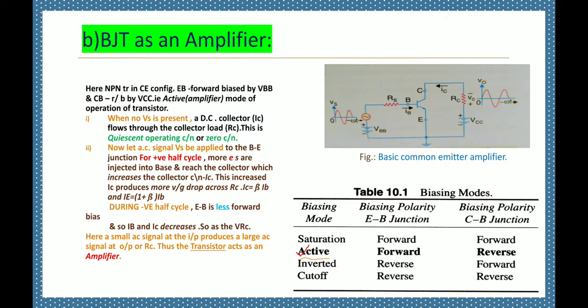Due to the increase of electrons in the two junctions, the respective currents IB and IC increase. There is also the relation IC is equal to beta times IB, and IE is equal to 1 plus beta times IB. Due to increased IC, the voltage drop across resistor RC also increases. RC here is the load. If externally we are not connecting any load, then RC acts as the load.